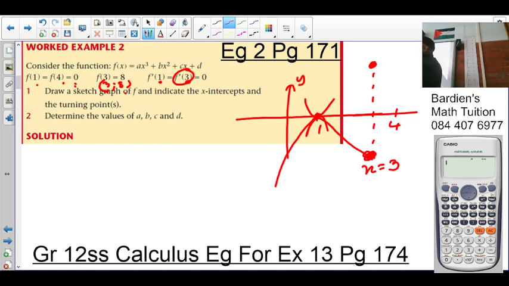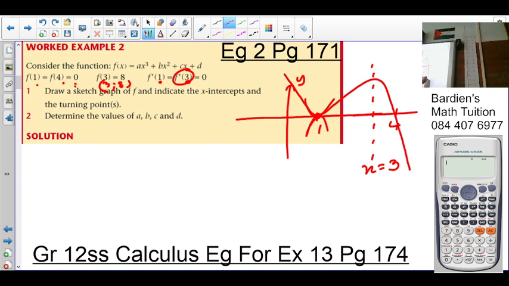You guys understand? Let's take it back. So the graph has to come down like this, and then up, and then down. But it's turning here at 3 and 8. The graph must go through 3 and 8. Why? Because of this information here.